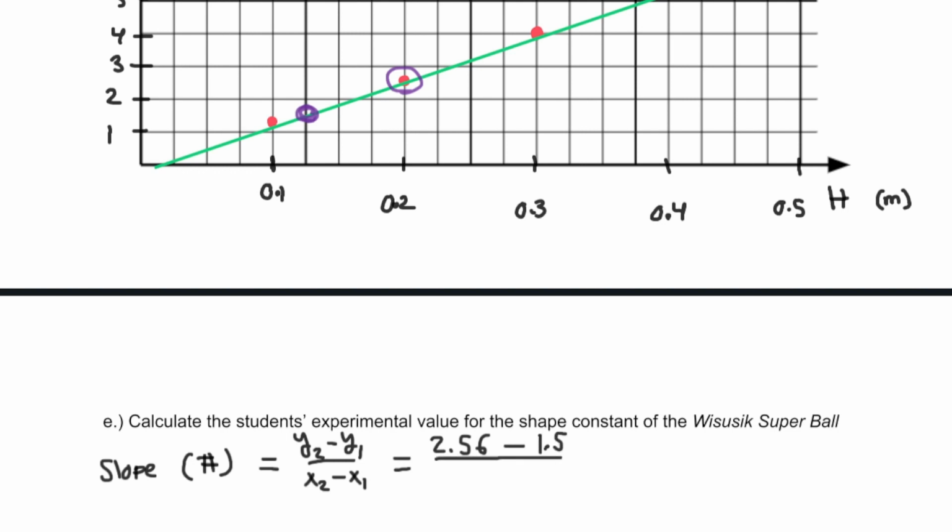And then divide by x2 minus x1. And well, my second point was at 0.2. Oh, and this is meters squared per seconds squared. And then this is 0.125 meters.